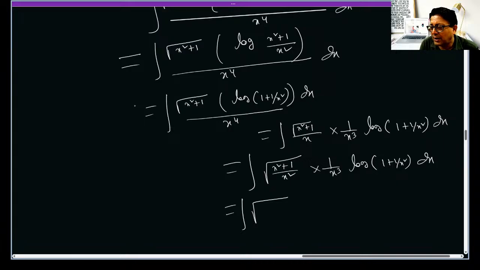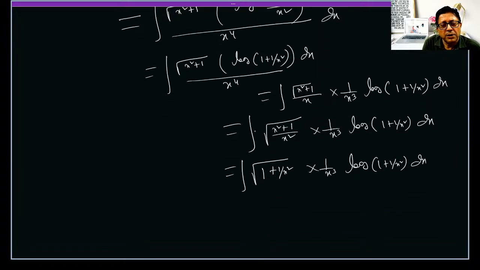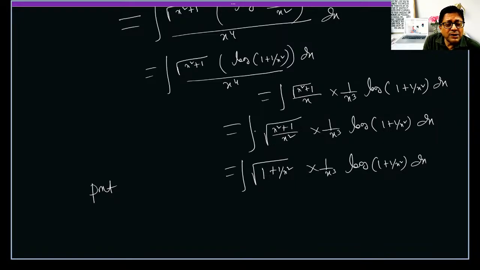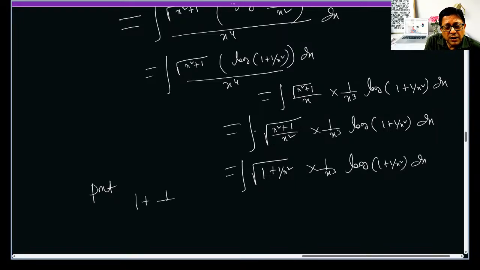So there will be root over into 1 by x cube. Okay. Now put 1 plus 1 by x square equal to z, so minus 2 by x cube dx equal to dz.